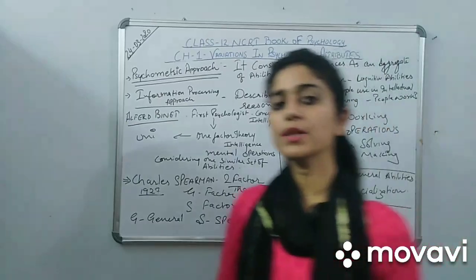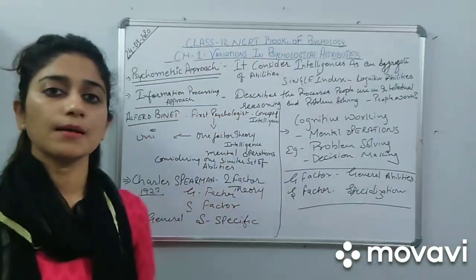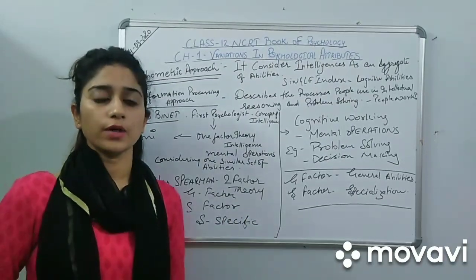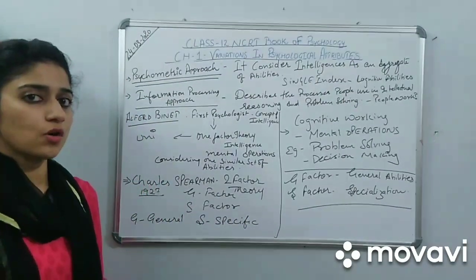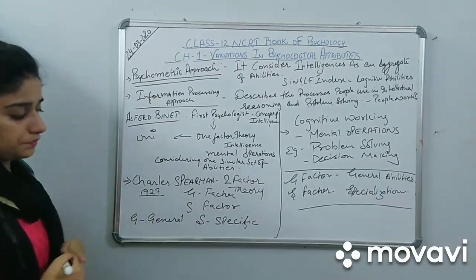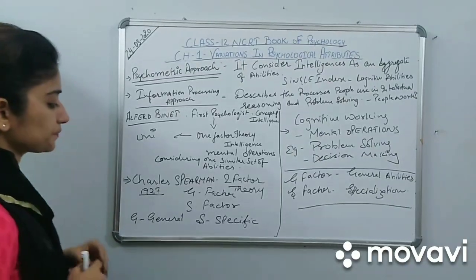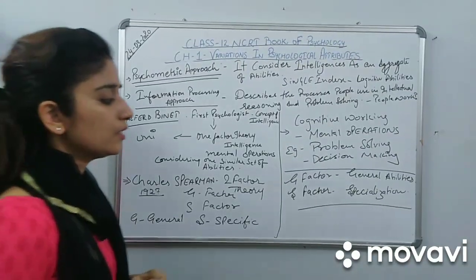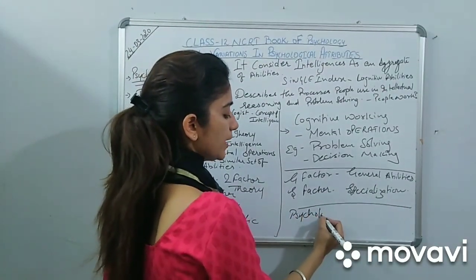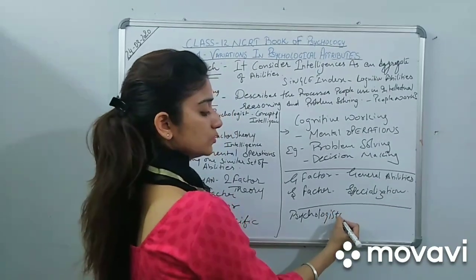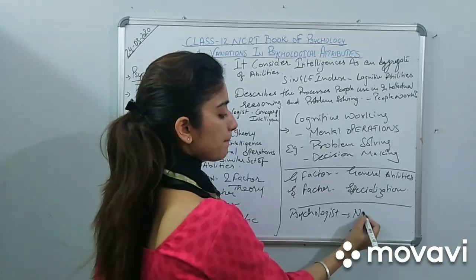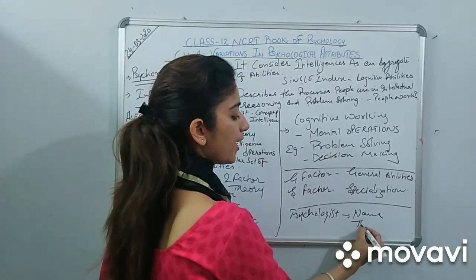I will tell you your homework at the last. Firstly, take a screenshot of the page, so you get to know. After taking the screenshot, you have to write about the psychologists I have talked about in this: their name, what theory they have given.